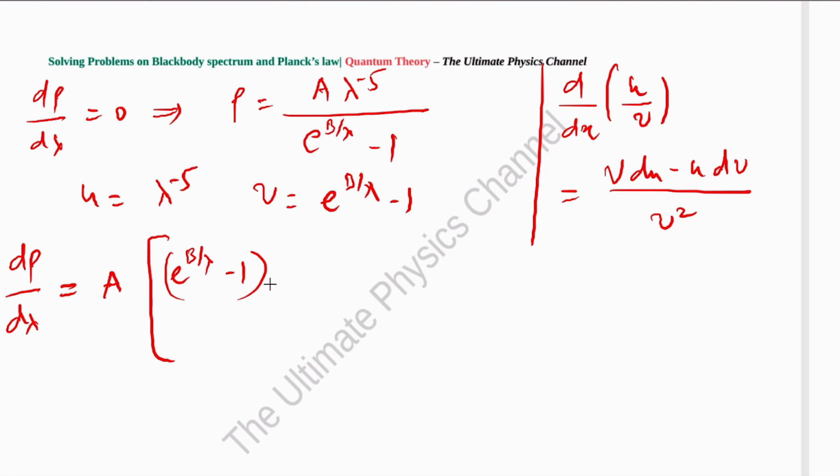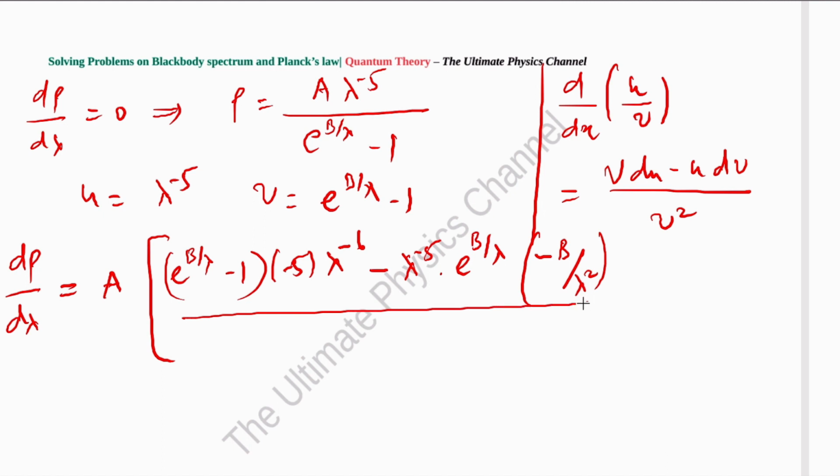So that is minus 5 times lambda power minus 6, minus u, which is lambda power minus 5 times dv. dv is the differential of this, that is e power b over lambda, and then the differential of b over lambda is minus b over lambda squared, right?